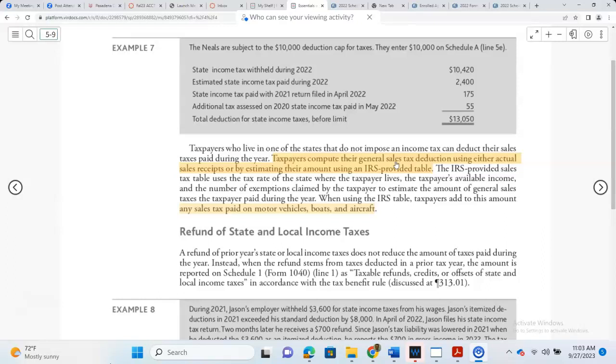A computer is the same as supplies that you buy, which again, you can say, no, every single receipt I want to have, it will be more than the IRS general table. Then you're more than welcome to do it, but no one is doing that. So you use the IRS table, you forget all your small receipts. But if you have a big item like a motor vehicle, boats, and aircraft, then you add it to it.